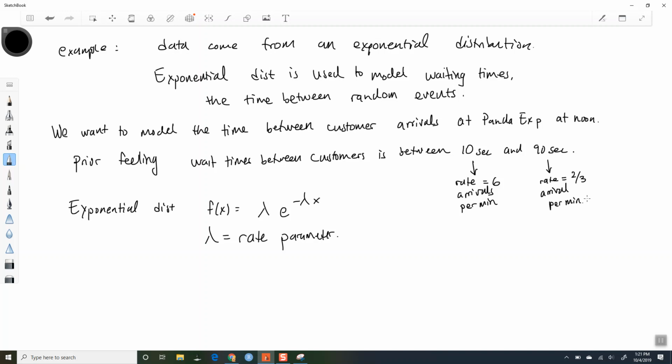Okay. So this is what we have. So our exponential distribution needs some kind of rate parameter plugged in. We're going to try to model the number of arrivals per minute, and we are saying there's somewhere between 2/3 of an arrival and 6 arrivals in 1 minute.